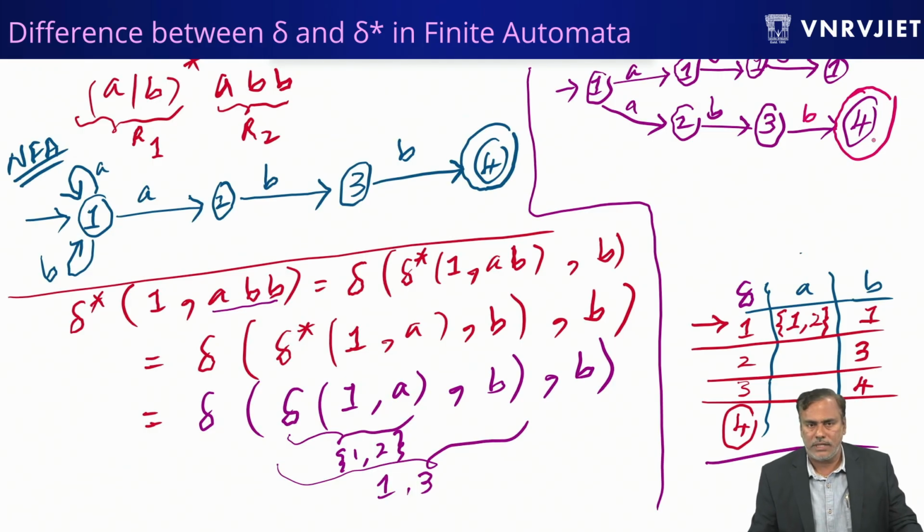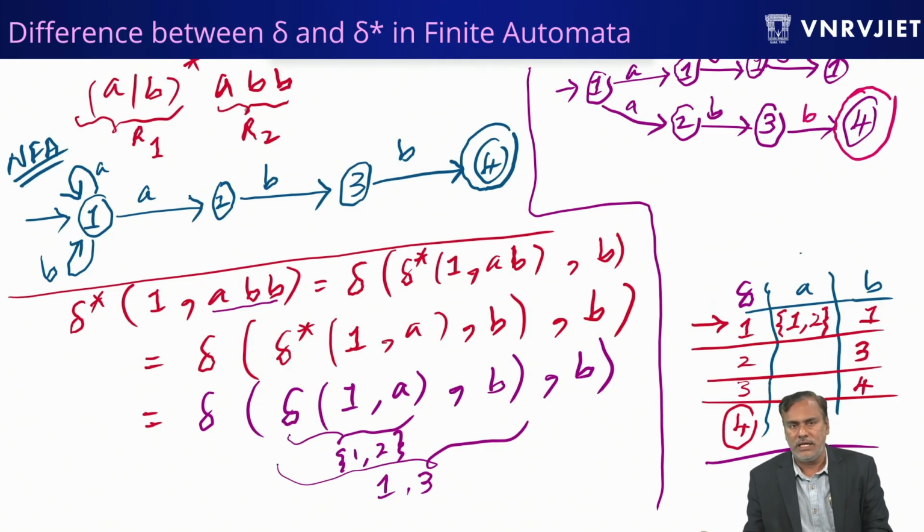Let me show the same thing for the same regular expression with respect to a DFA. In a similar fashion, you can take any string. This is a minimum string whose length is 3. Every string must end with ABB, right? So if you want, you can try some other string like BABB or anything. It is up to you.